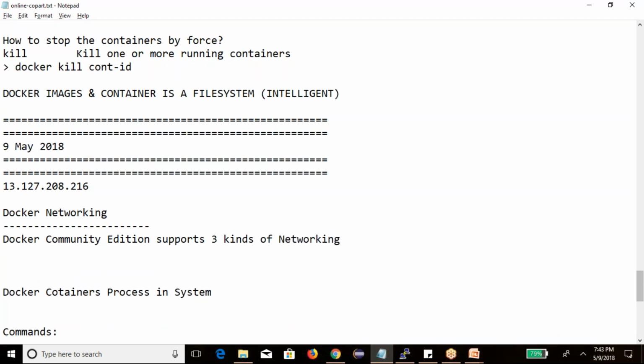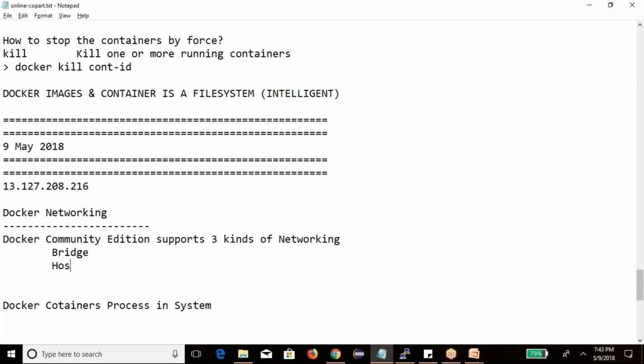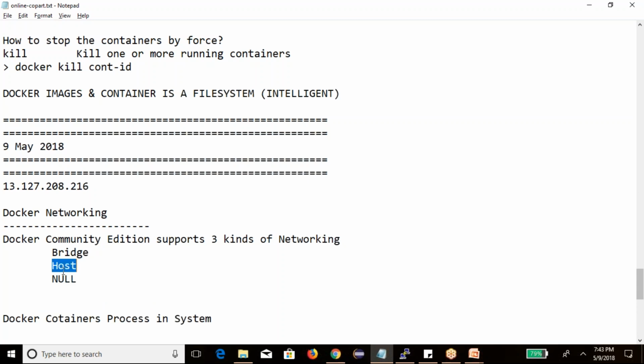What are those? One we call driver bridge, another we call host, third we call null. So now what is this about the bridge, host and null?